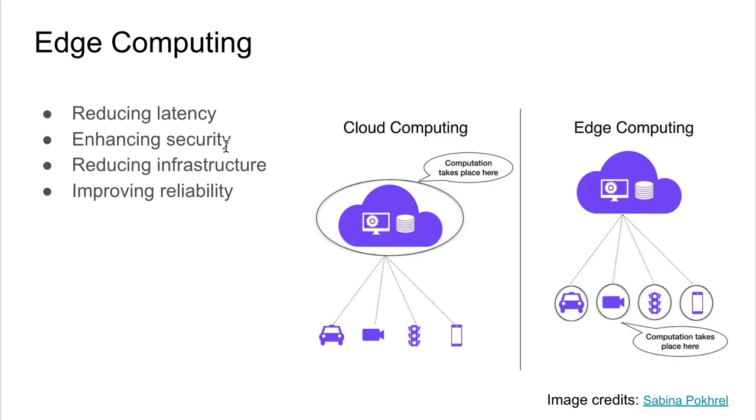Also, if you process your data by means of edge computing and then save it to the cloud, it would be less susceptible to attacks. Okay. The next obvious advantage is that you can reduce the infrastructure, because most of the computation will be done by the applications themselves, so you can have a lesser number of servers.